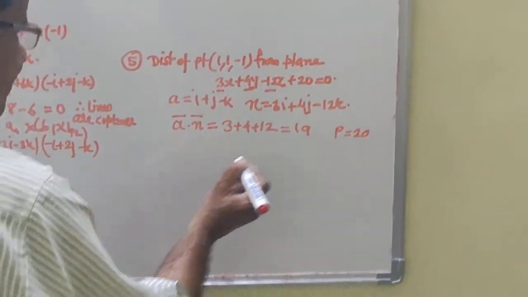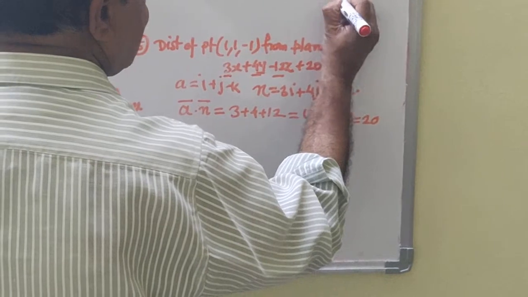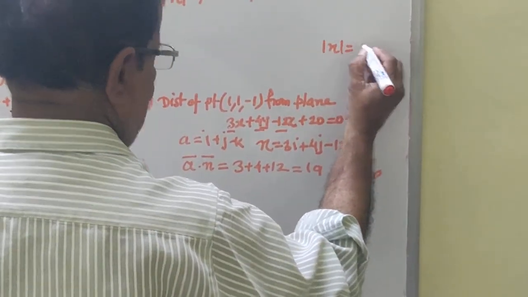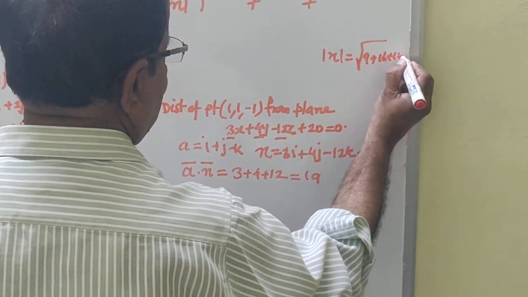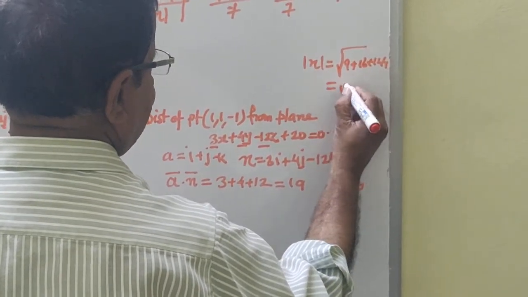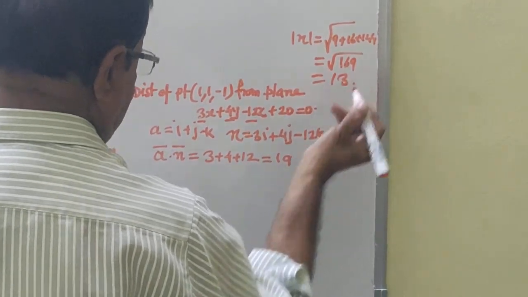Now what is the modulus of n? The magnitude of n is equal to the square root of 3 squared is 9, 4 squared is 16, 12 squared is 144, that is under root of 169, which is 13.